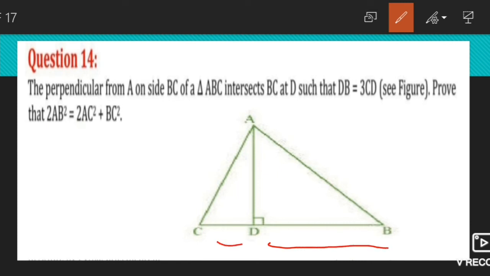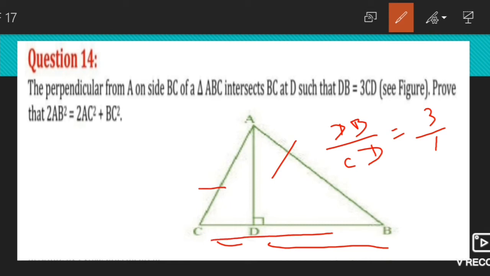That means you can say that DB by CD is equal to 3 by 1, or DB is to DC is equal to 3:1. Prove that 2AB square is equal to 2AC square plus BC square, this whole BC square.